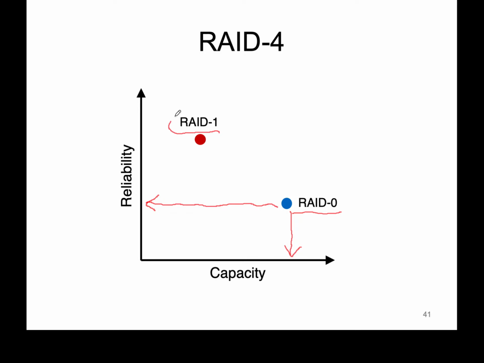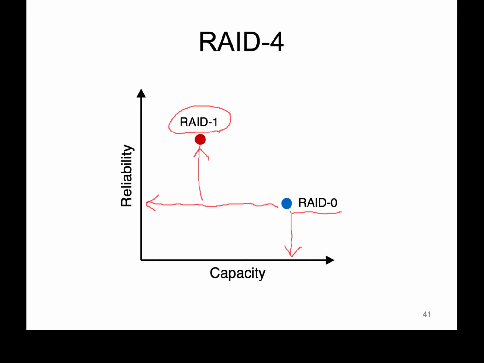RAID 1, on the other hand, improves the reliability as compared to RAID 0. But at the same time, it effectively sacrifices half of its aggregated disk space in order to gain better reliability, because it uses mirroring.